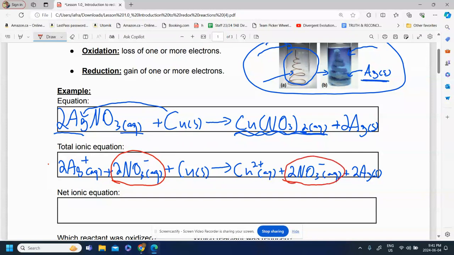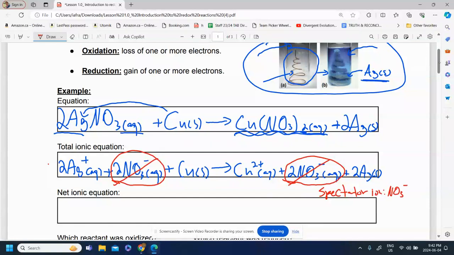That means it was an ion before, and remained an ion. So we'll cancel those out. That means these are the spectators. Spectator ions. They're there, but they're not doing anything in this reaction. Spectator ions. We have NO3 minus.